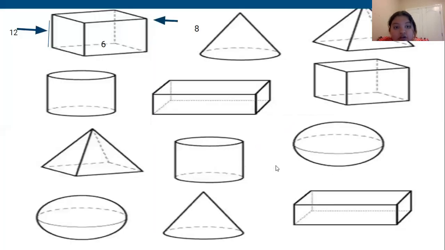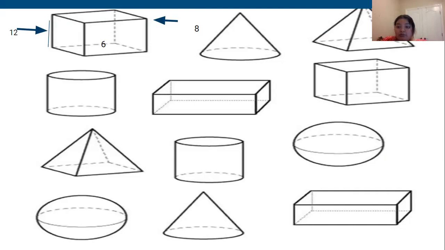So make sure you complete this assignment and fully understand how to determine what is a vertice, what is an edge, and what are corners, and how you can see them on 3D shapes compared to when we were seeing them on 2D shapes. And so what is the difference between a 2D and a 3D shape? 1, 3D shapes have many faces. Another one can be 3D shapes we see in real life.